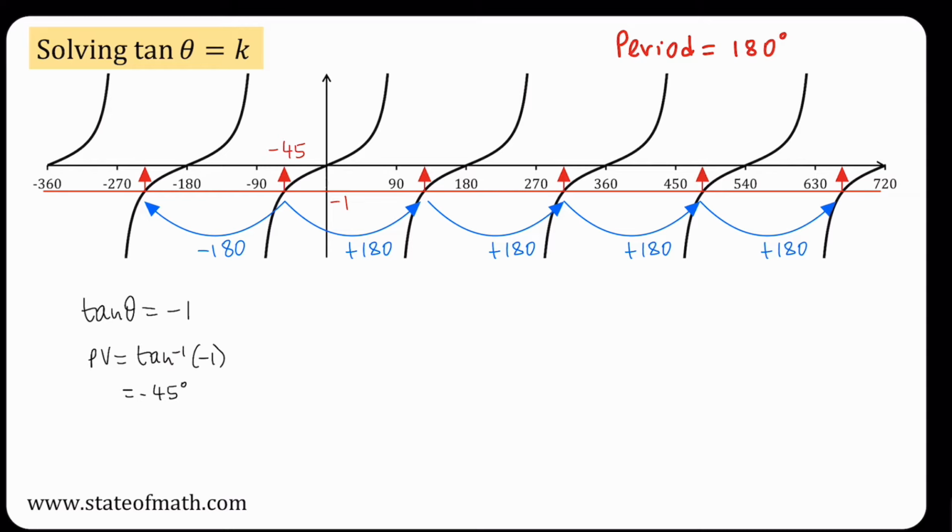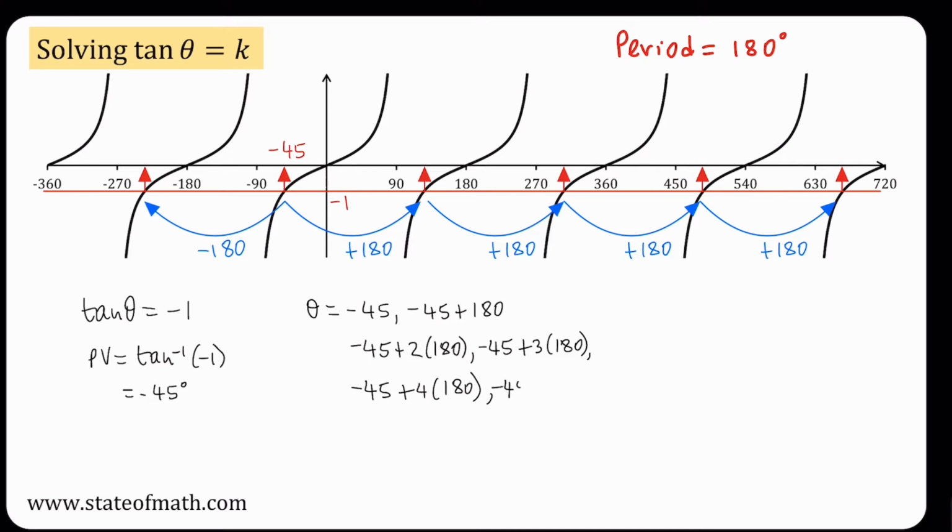So we can easily conclude that theta is minus 45 plus 180, or minus 45 plus 2 times 180, or minus 45 plus 3 times 180. I can even go once more, so minus 45 plus 4 times 180, or minus 45 minus 180.